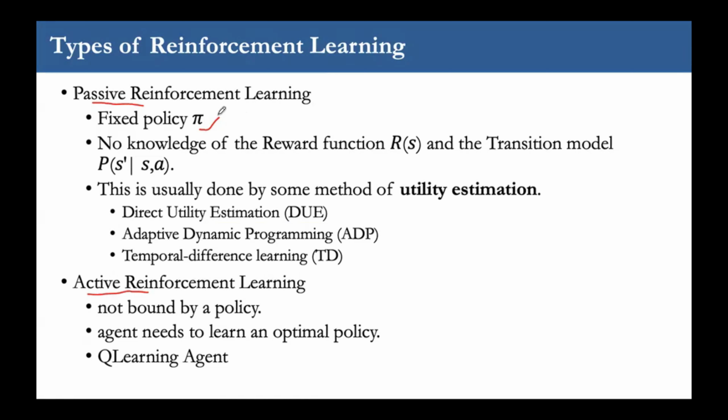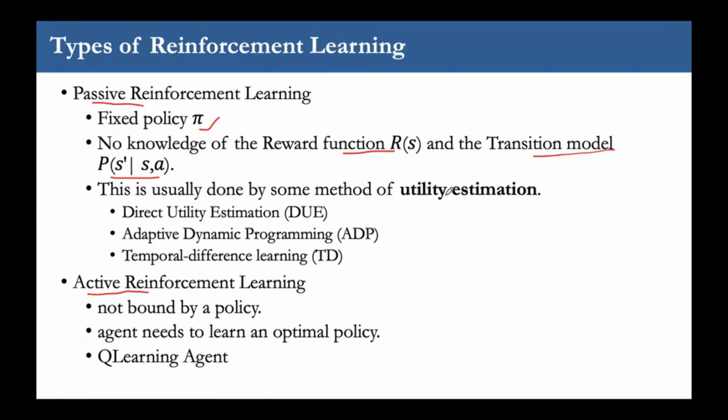In passive learning, it attempts to evaluate the policy pi without knowledge of the reward function as well as the transition model. It means that in passive reinforcement learning, the agent does not know the reward value as well as the transition model value, that is, the probability value.